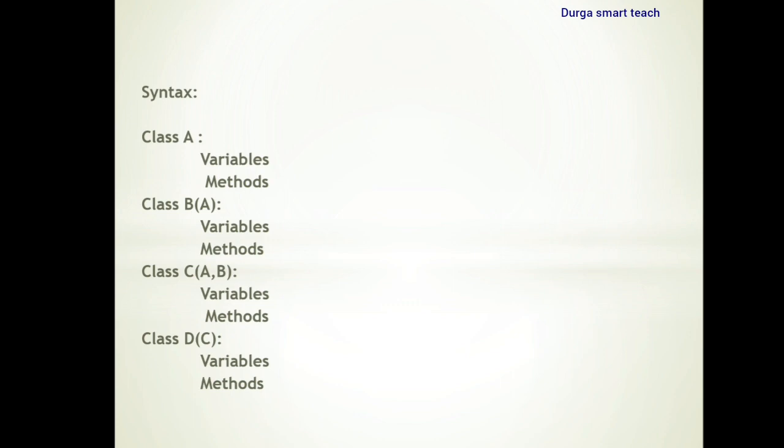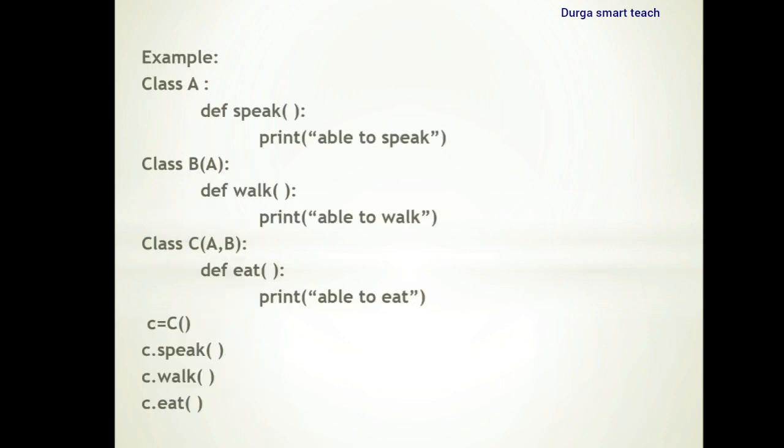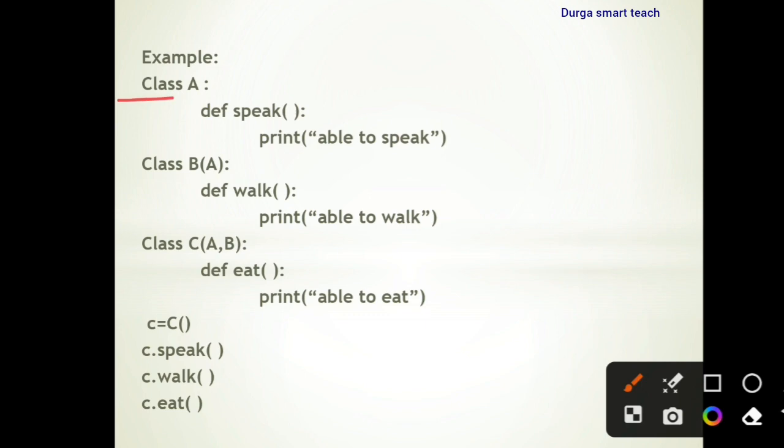So, let's see the example. Class A contains one function speak, class B contains one function walk, B is a child class, A is a superclass. Next, class C is a subclass for A and B classes.